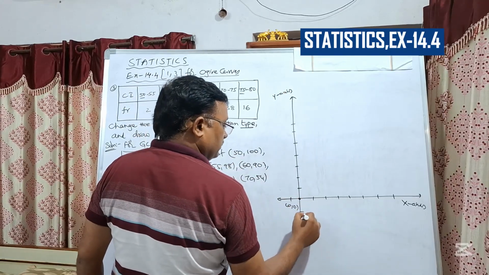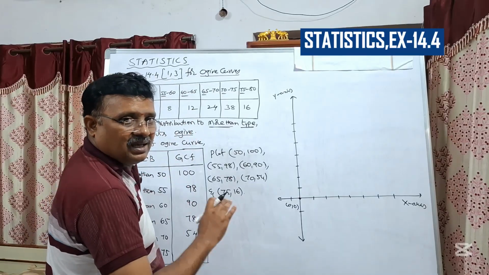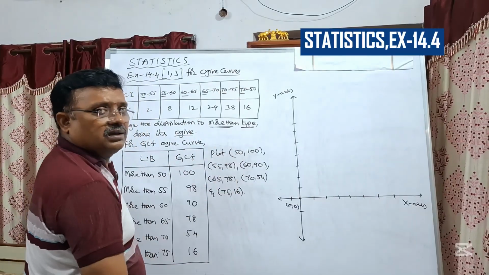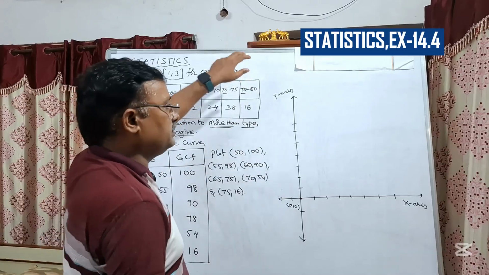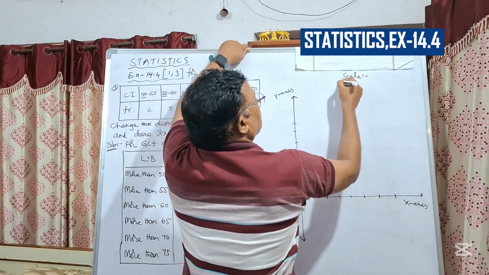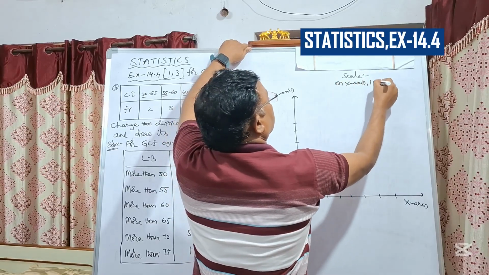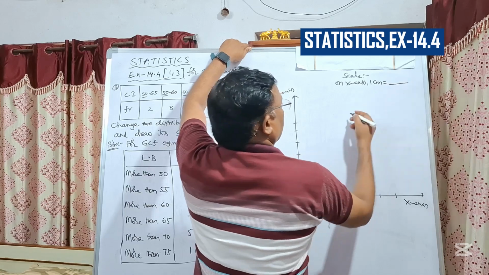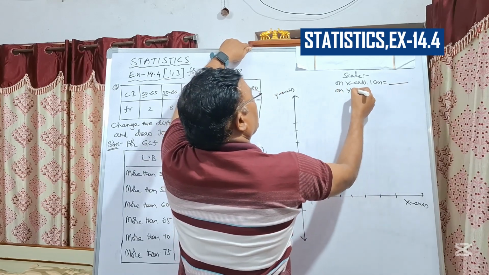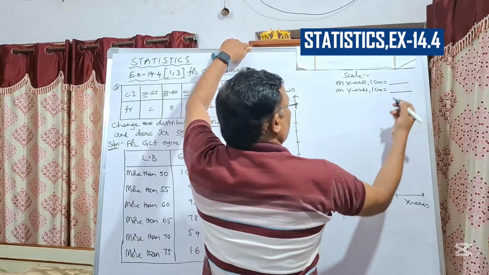Okay, back side also the same, but how much this 1 centimeter is along the y-axis and along the x-axis we need to observe. So that will be written using a scale. That's why on the x-axis, that 1 centimeter of the graph paper is equal to how much, and on the y-axis that 1 centimeter of the graph paper is equal to how much.